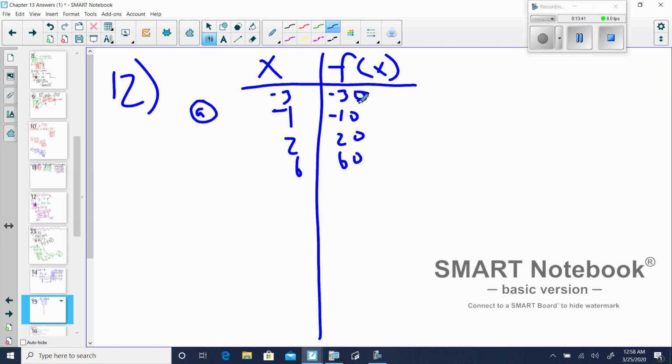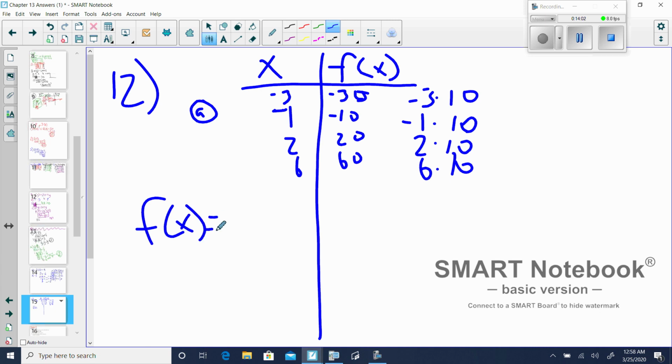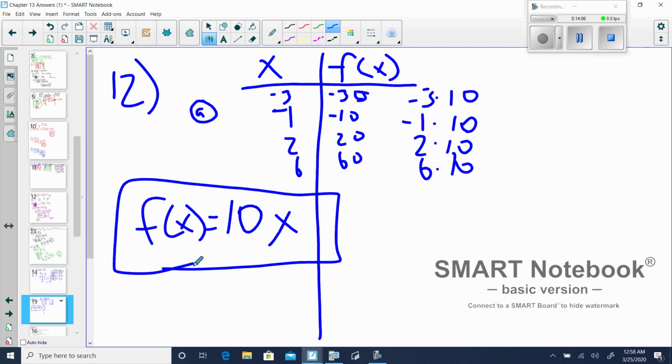Well, it certainly looks like if I do -3 times 10 is -30. -1 times 10 is -10. 2 times 10 is 20. 6 times 10 is 60. So it looks like a good rule for this one on 12a would be that f of x equals 10x.